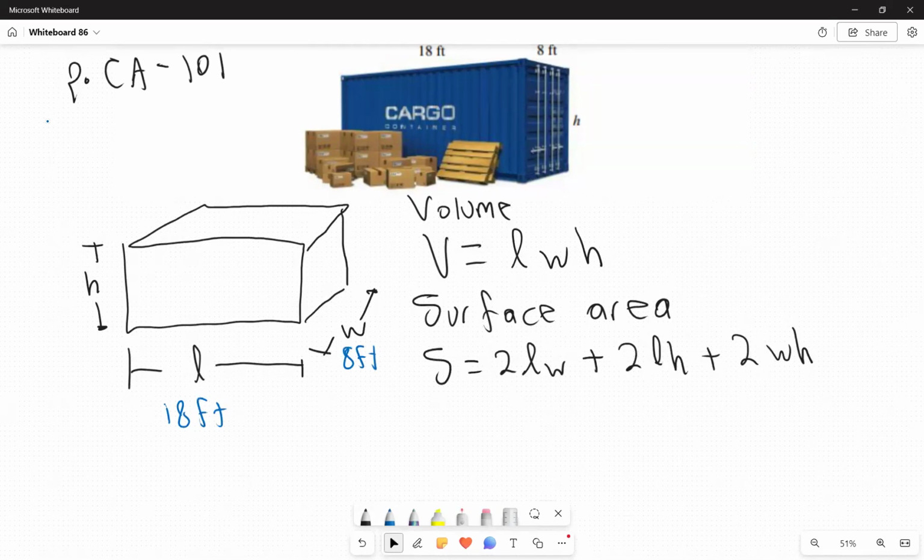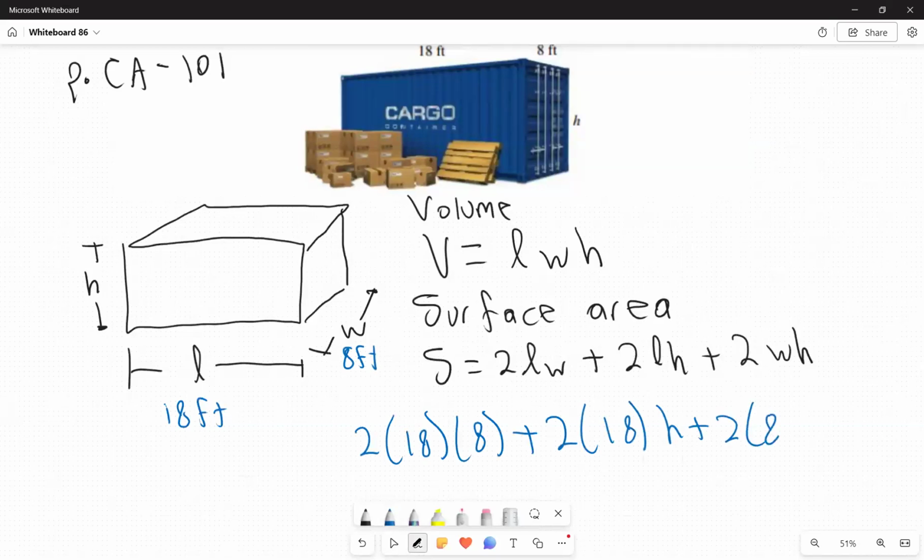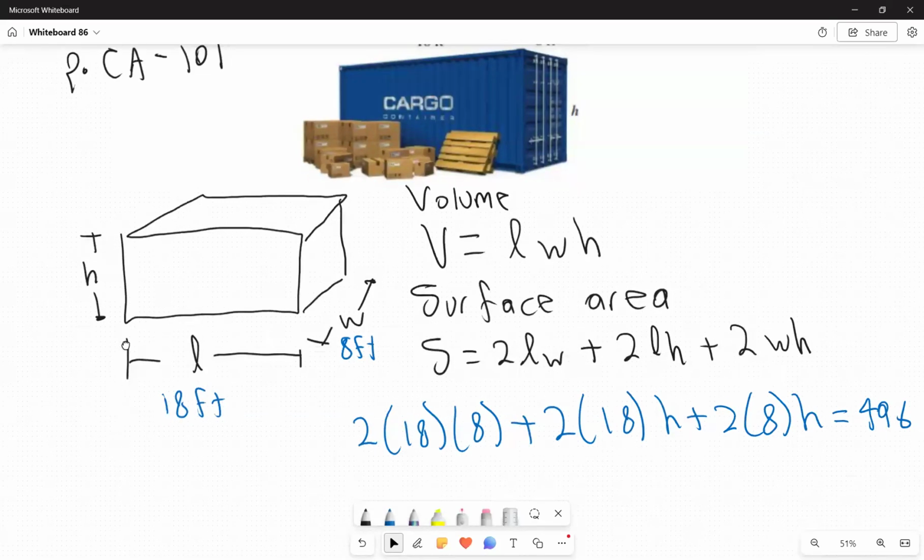Let's plug it in: 2 times 18 times 8 plus 2 times 18 times H plus 2 times 8 times H is 496. And we are going to solve this equation for H.